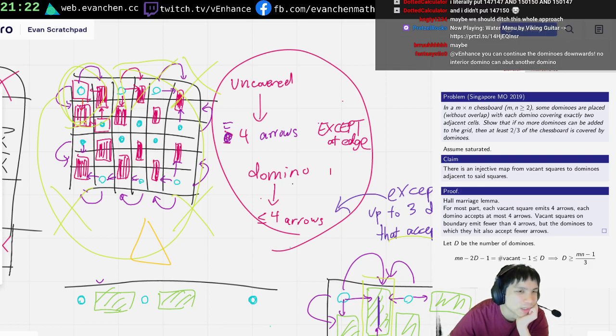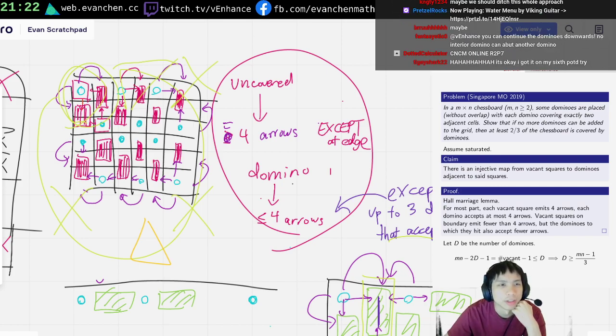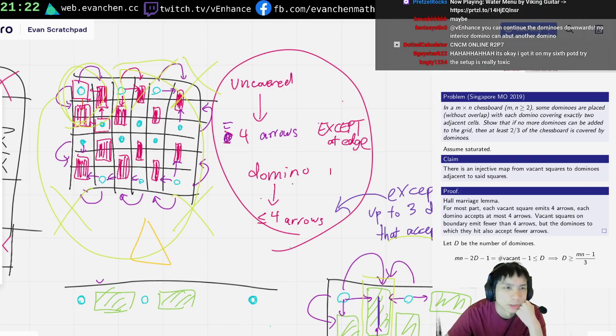It's something of this shape. You can continue dominoes. No interior domino can abut another domino. Wait, what?